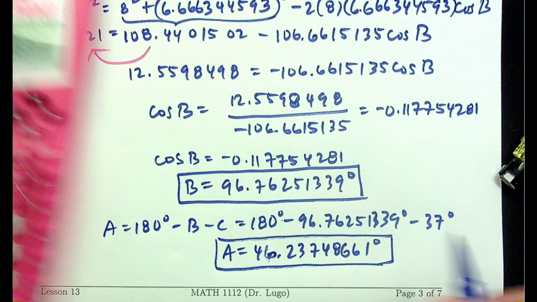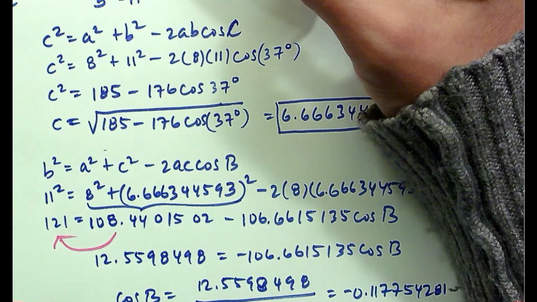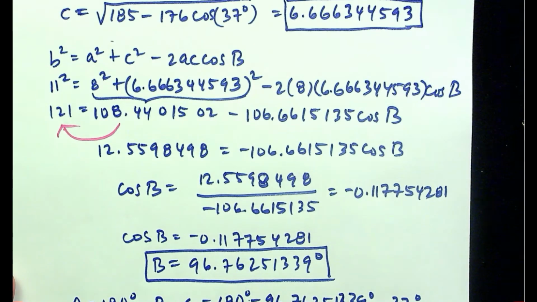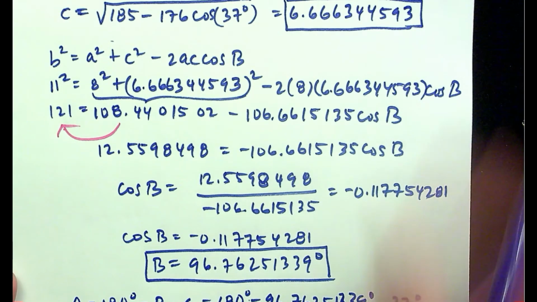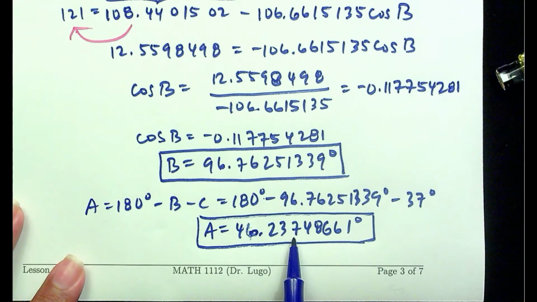Now that we're done with the problem, now would be the moment where you would round your answers. In this case, it says round to the nearest thousandth. That means tenths, hundredths, thousandths. So that would be 3 decimals.